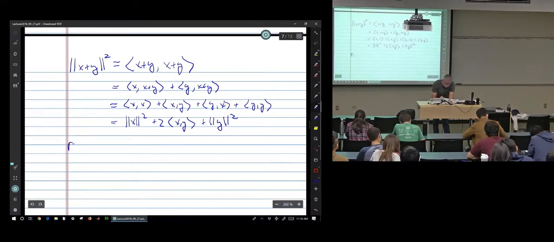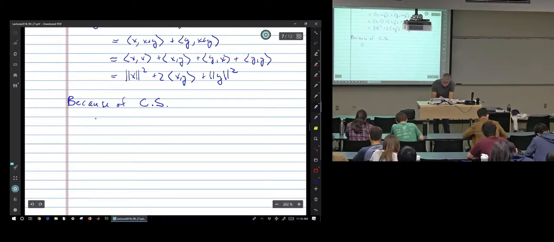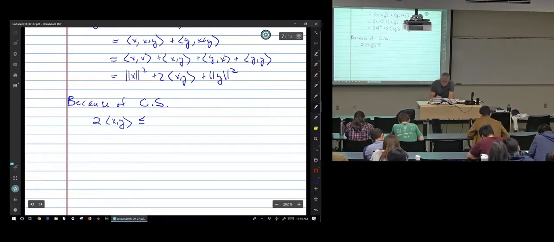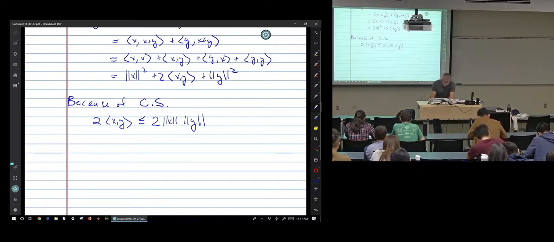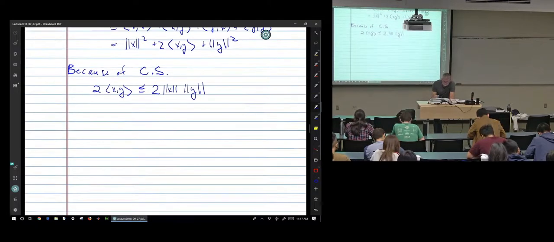Now, because of Cauchy-Schwarz, 2 times this inner product is less than or equal to 2 times norm x, norm y. Okay, missing step.